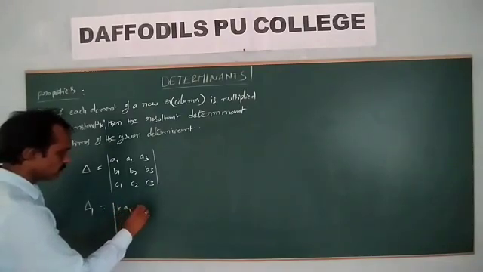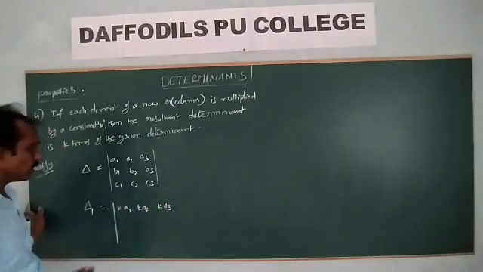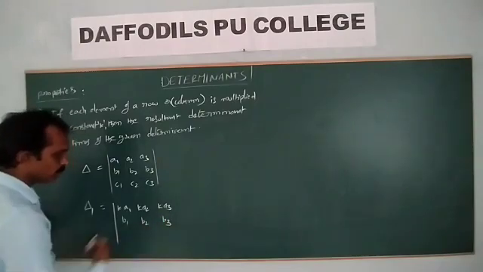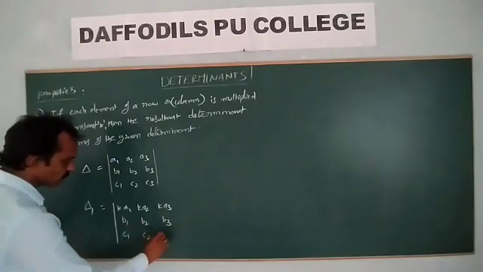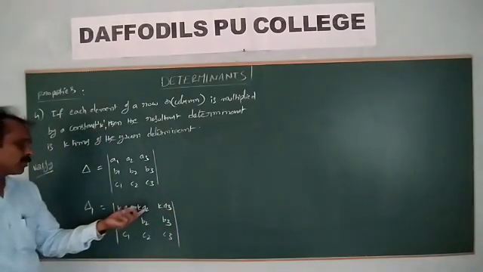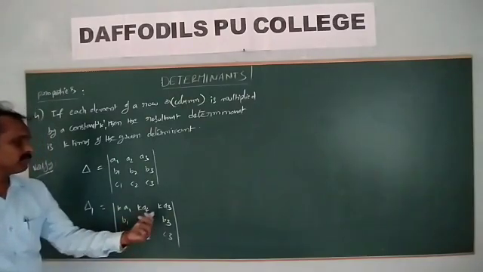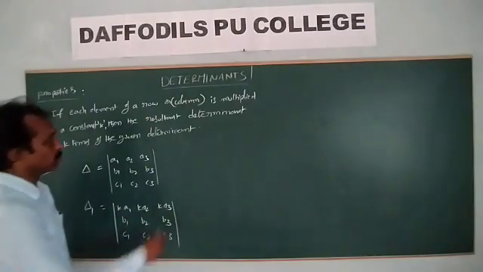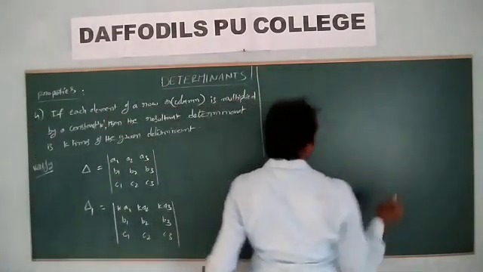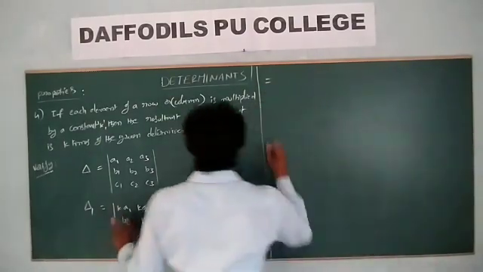K into A1, K into A2, K into A3, B1, B2, B3, C1, C2, C3. Our choice: we can multiply k with either this row or this row, or the first column, second column, or third column. Expand.